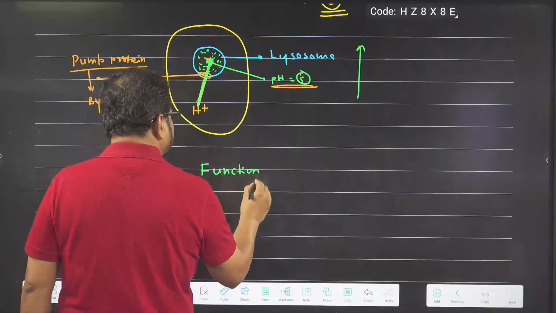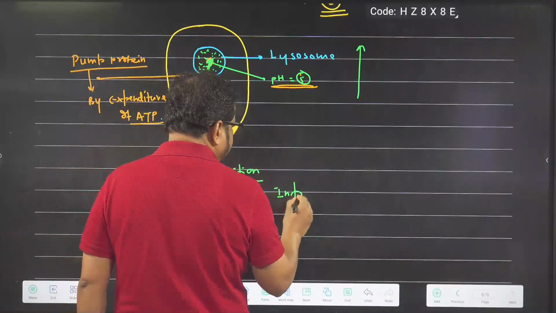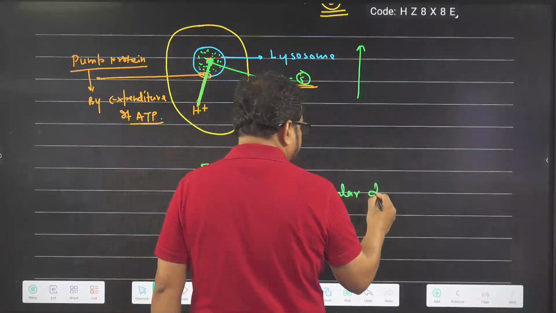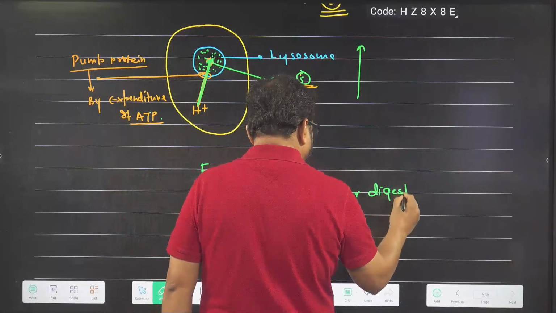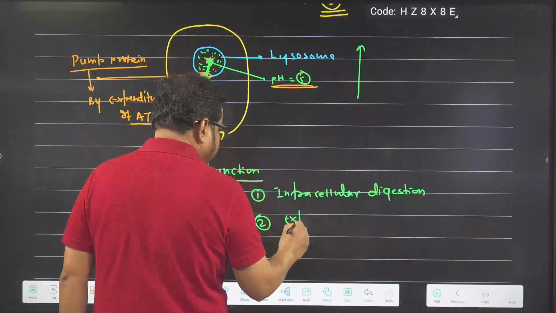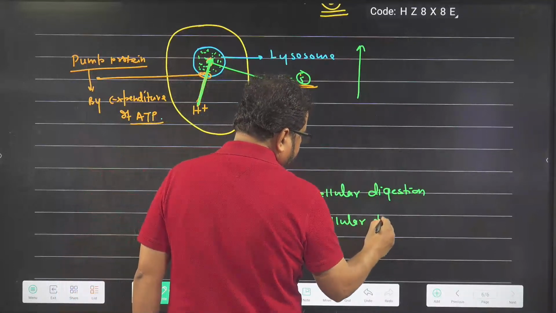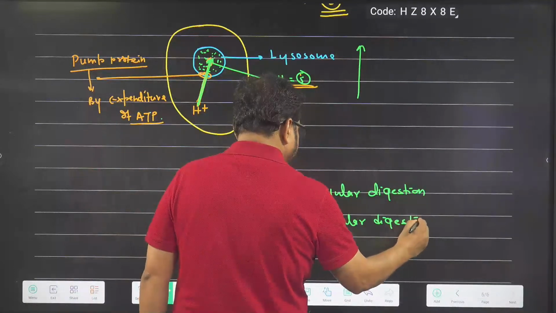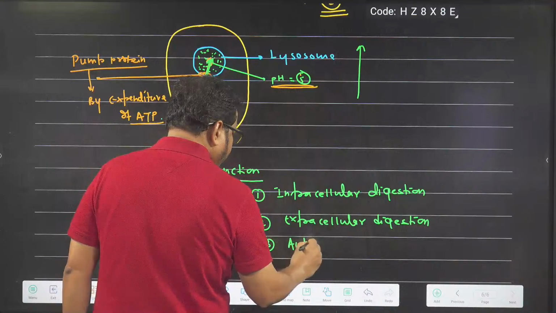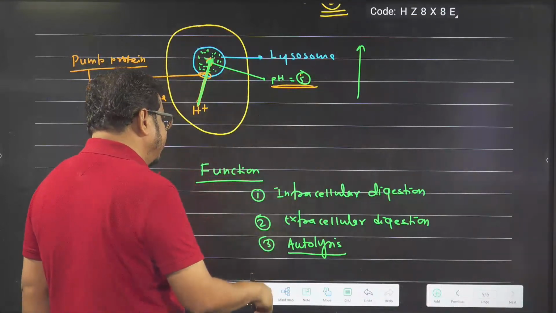Function of lysosome. So the first function I am writing is intracellular digestion. Right, extracellular digestion. Third, you can say autolysis. Autolysis means the cell is going to die.